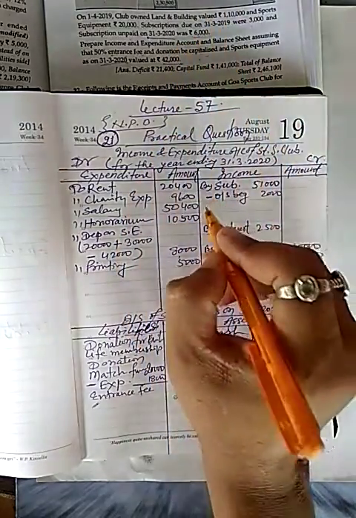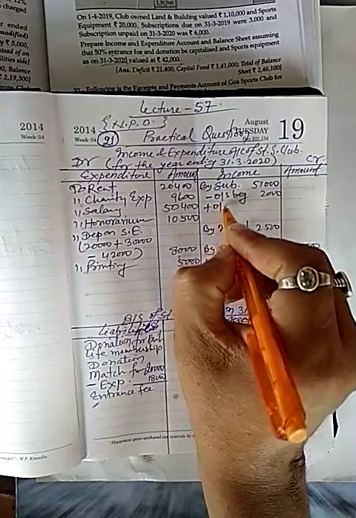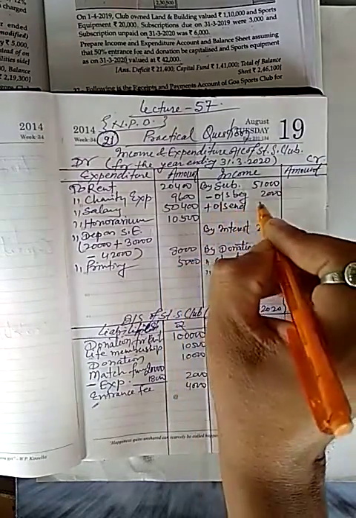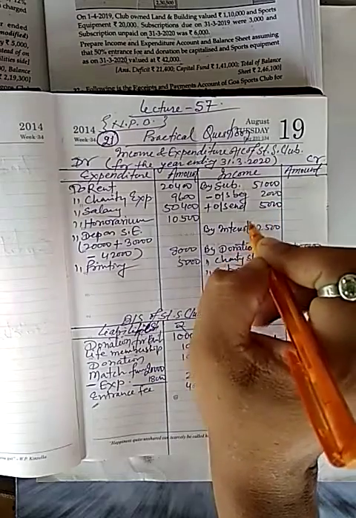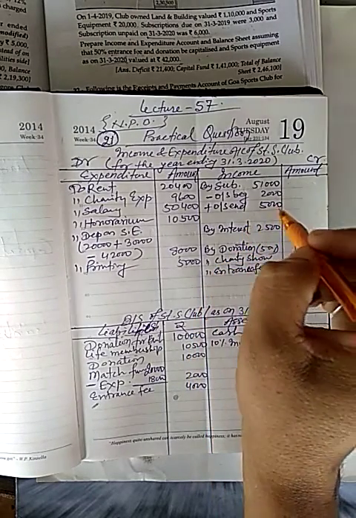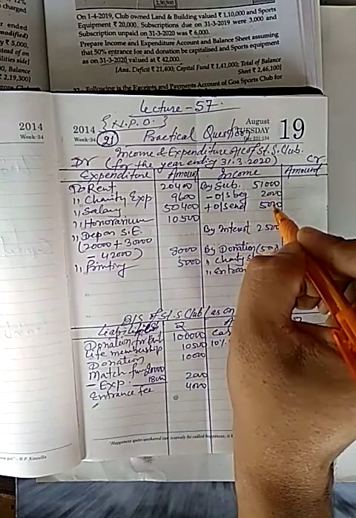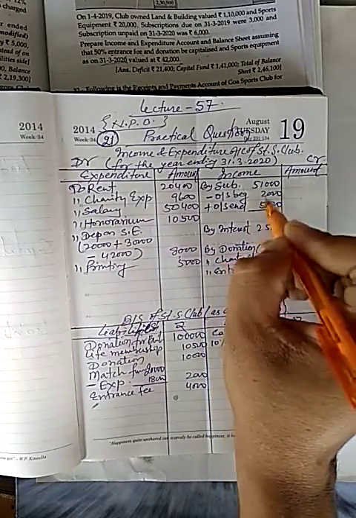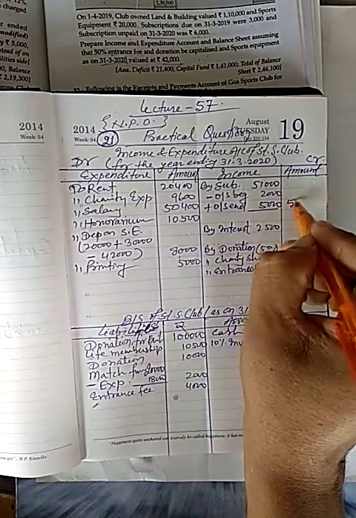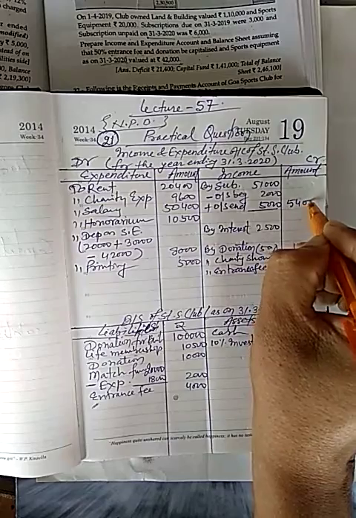So I will add outstanding subscription 5,000 and total will be 54,000.